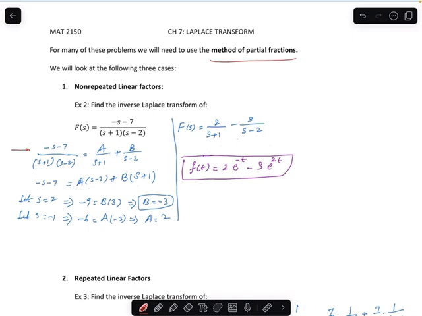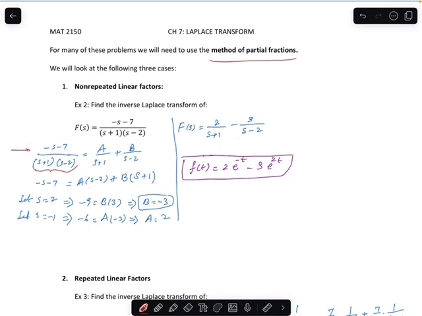Now our goal is to find the constants A and B. We will multiply the whole equation by the common denominator, which in this case is (s plus 1)(s minus 2). When I multiply the whole equation by that, I end up getting negative 7 minus s equals A times (s minus 2) plus B times (s plus 1).